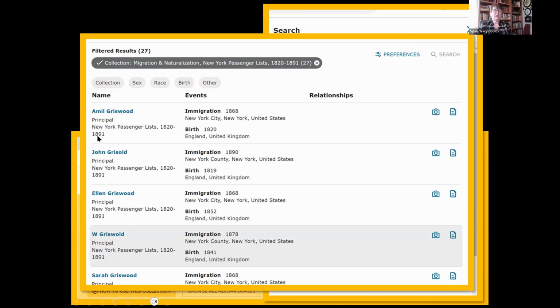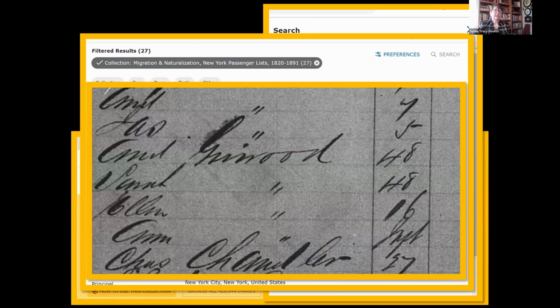Again, the results on this are not an exact spelling, so I'm getting lots of different variations, but that's okay. That's what we want some of the time. And here's the original ship manifest for that family. I wouldn't have thought Griswold would have been a good alternative for Grizel, but that's okay. If I was looking for this family, I would be looking rather broadly anyways. So nice, clear ship manifest information for that family that came over.